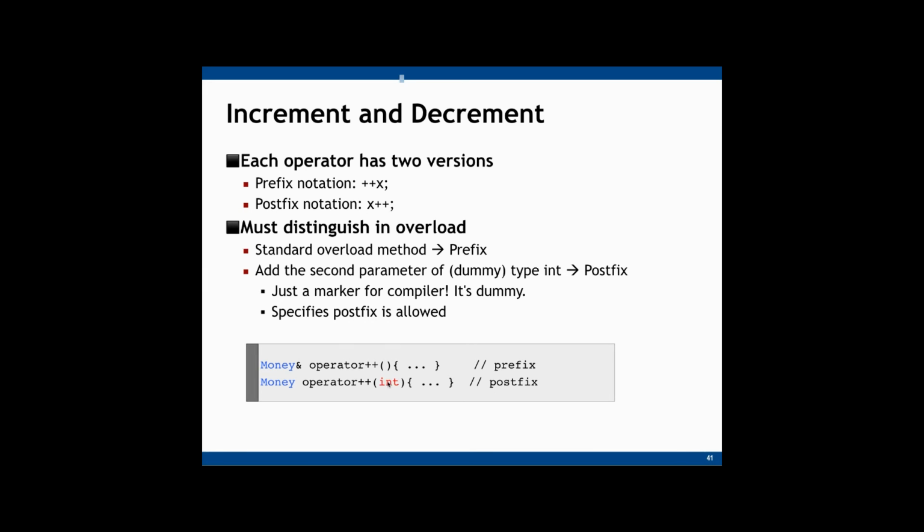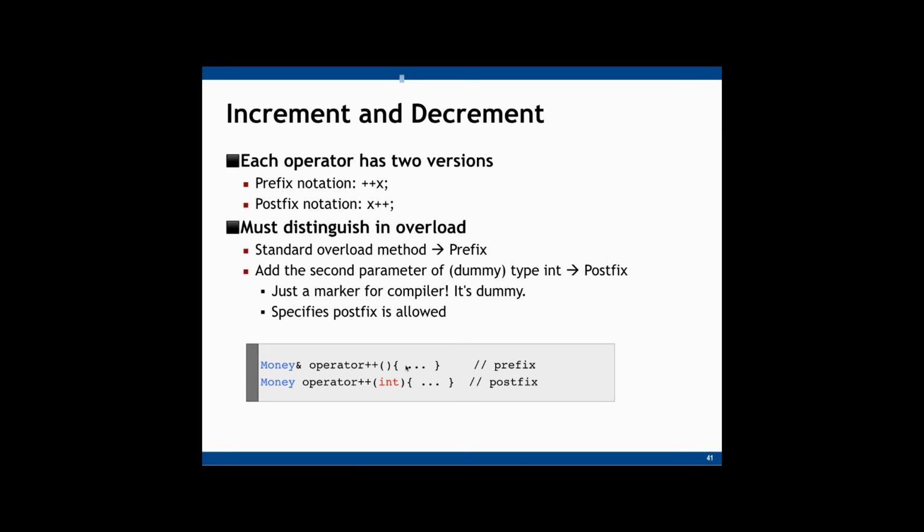Anyway, because there is an int type of parameter here, this plus plus operator is for the postfix notation. And because there is no int type of operand here, this overloaded plus plus operator is for the prefix notation.